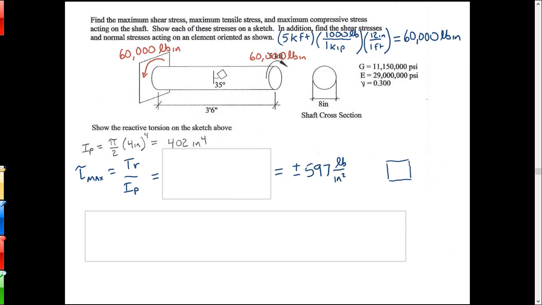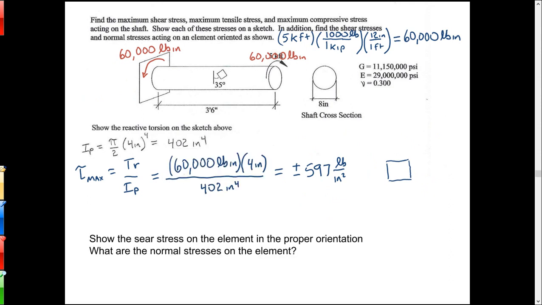And then we just run the numbers, TR over I. And they're plus or minus because they're tau max. 60,000 times 4 over 402. I already calculated I for you there. So it's 597.